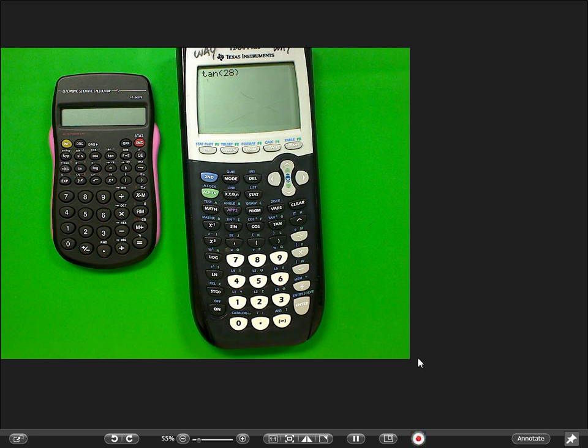Otherwise, it's going to be tan 28 times the 11 inside the parentheses. So it's like tan times 200 and something or other. Ready? Times 11. Hit enter. And if you've done this right, you should be getting 5.848 blah, blah, blah.